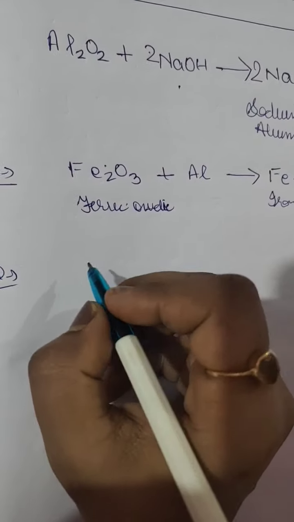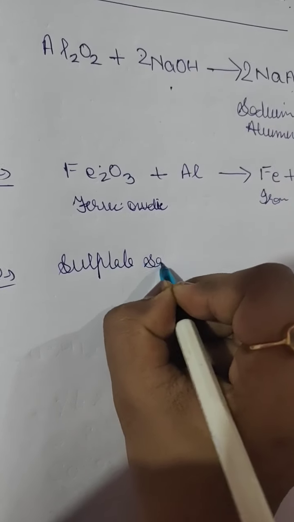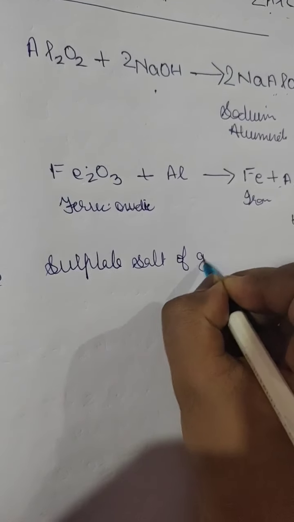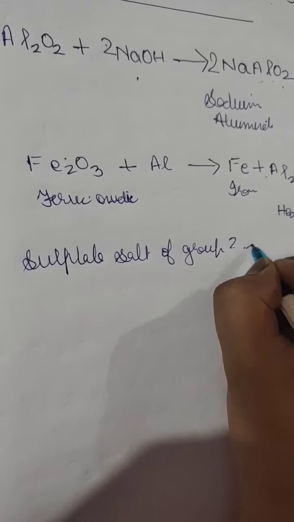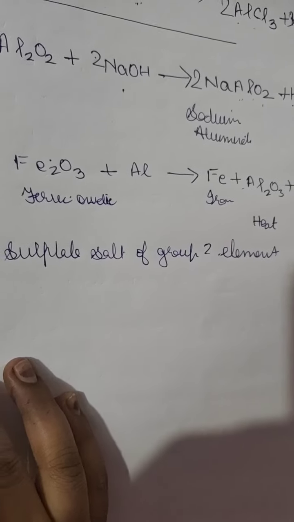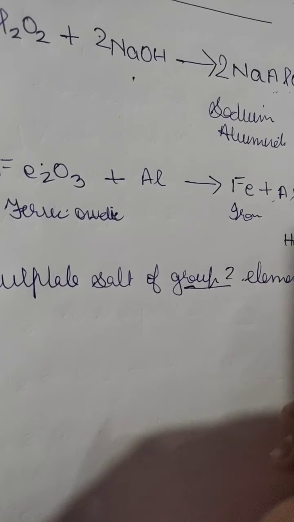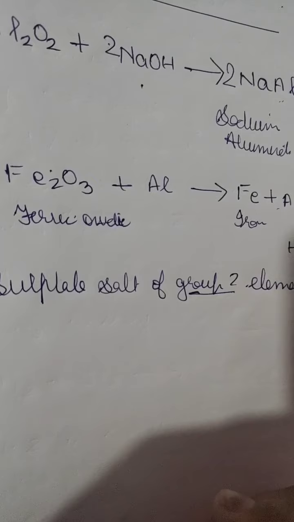So a sulfate salt of group 2 element. We will do this when we reach chapter number 5, we will learn about these groups. So I will tell you group 2 elements are called alkaline earth metals.